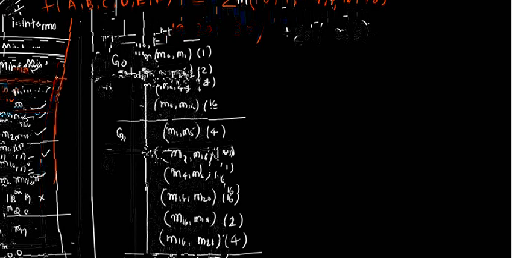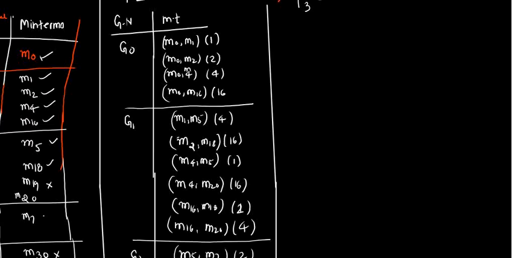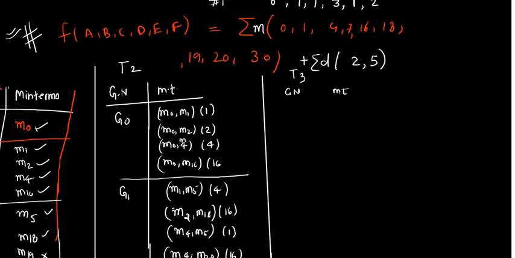Then T3. Group number, min terms. So group 0.